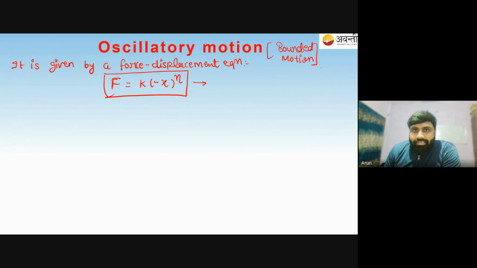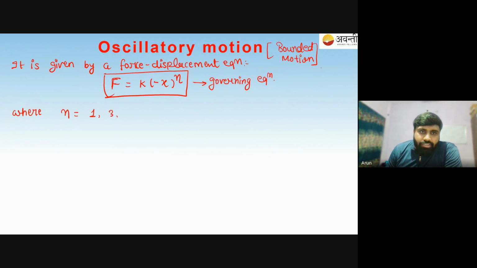You can also write it as the governing equation, where n will be equal to the odd integers. So n starts from 1, 3, 5, 7.